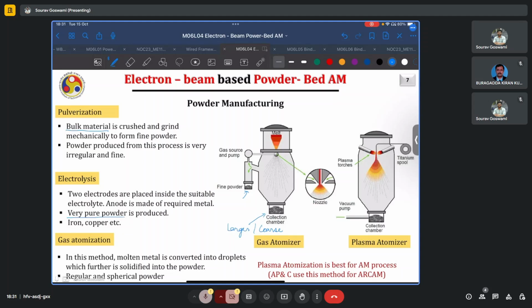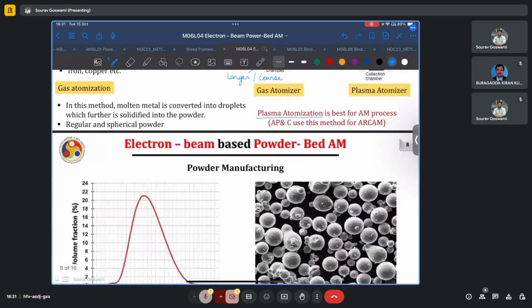So this entire process takes place in vacuum, and as such, there is no gas uptake. Thus, the chemical purity of the powders is maintained. And as remarked here, plasma atomization is the best for additive manufacturing processes, and this is also the type of manufacturing method employed by RChem for the powders that it uses.